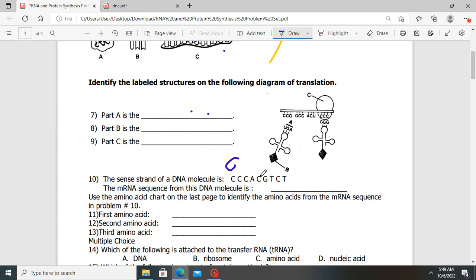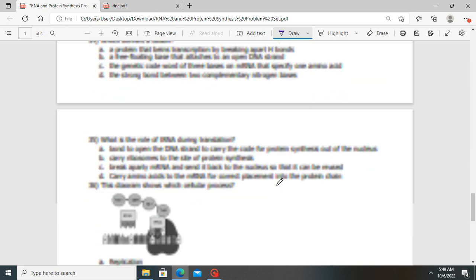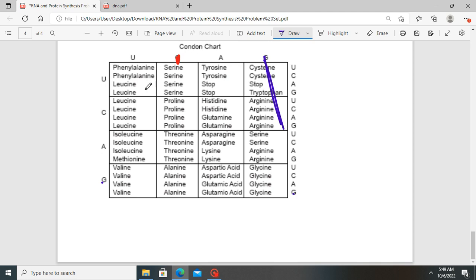The next codon is going to be A, G, A. So AGA corresponds to which amino acid on the codon chart? We have A, we have G, we have A. So AGA corresponds to arginine.